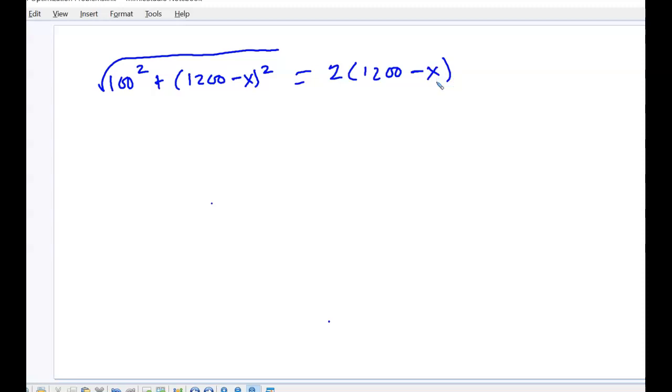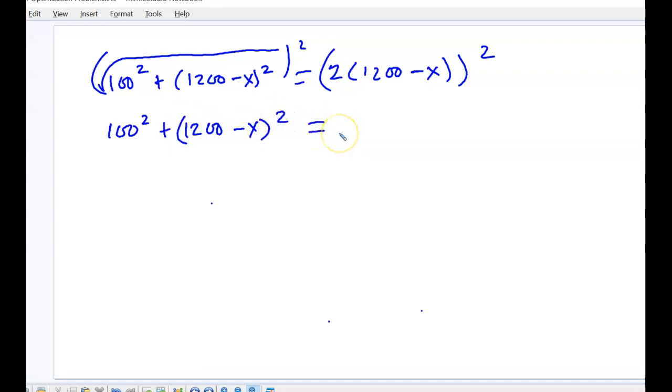Okay, and now we're going to square both sides to get rid of my root. So this is going to be 100 squared plus (1200 minus x) squared equals, if I square the 2 here, I get 4, times (1200 minus x) squared. Now I am going to collect like terms, so I'm going to subtract this over to the other side.